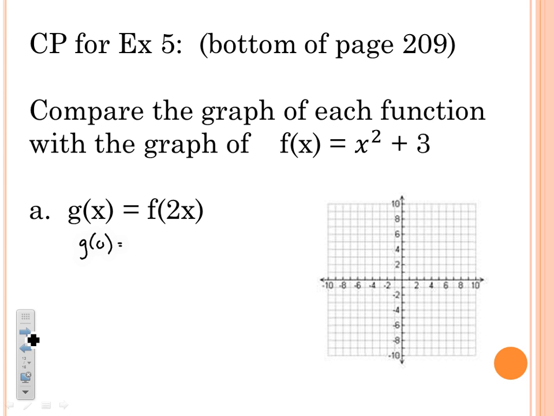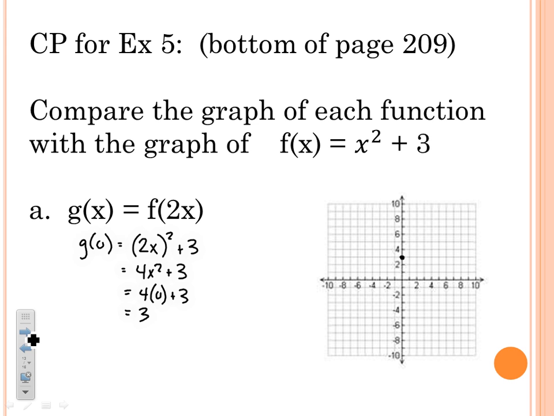So instead of having x squared, you're going to have (2x) squared plus 3. Okay, so 4x squared plus 3. Now put in your 0. We'd have 0 plus 3, or 3. Now let's do a couple more points.